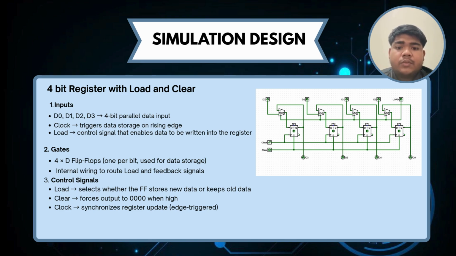The design uses 4 D flip-flops, one for each bit, with internal wiring that manages the load function and feedback path. The operation is controlled by 3 main signals: load, which enables writing new data; clear, which instantly resets the outputs to 0; and the clock, which synchronizes all updates on the rising edge.